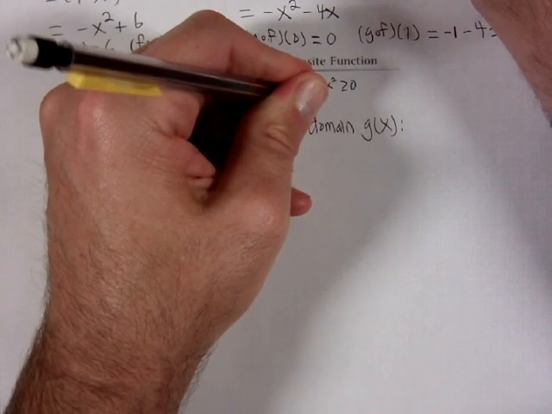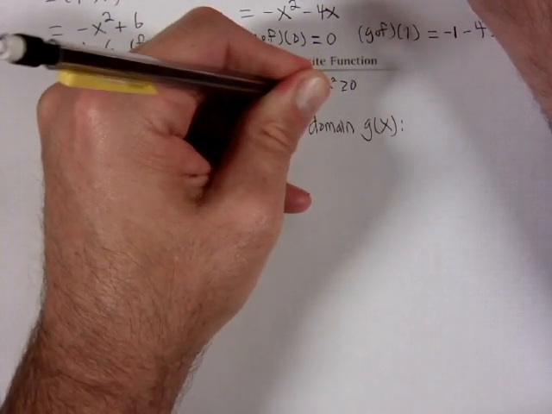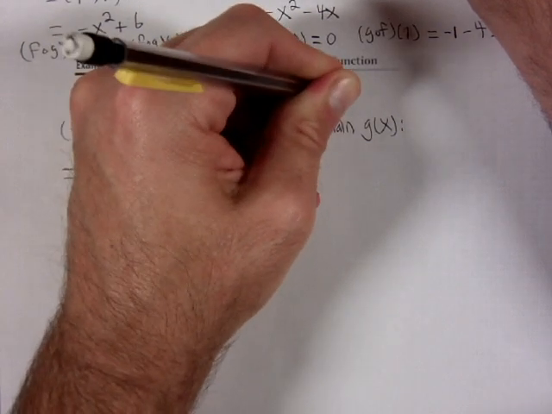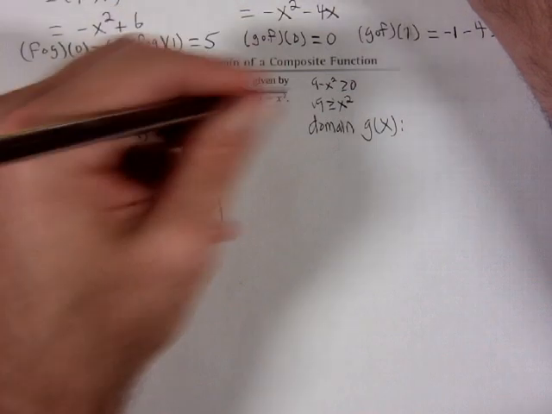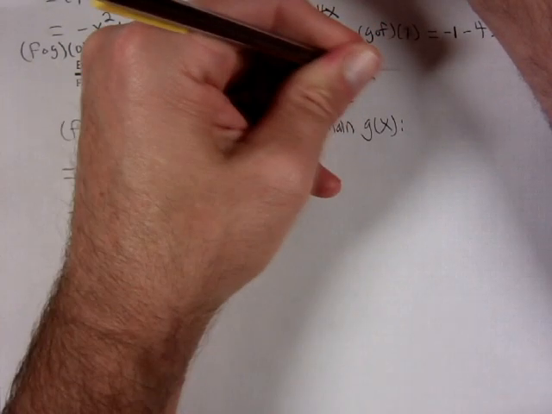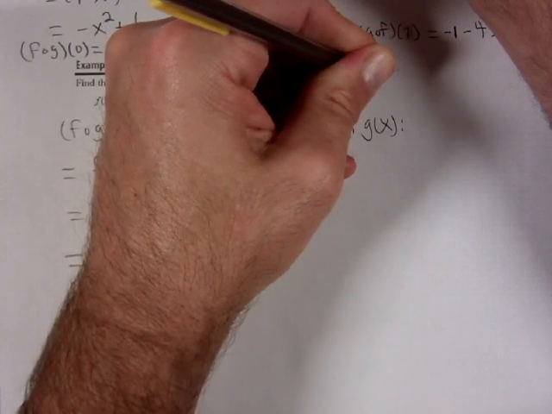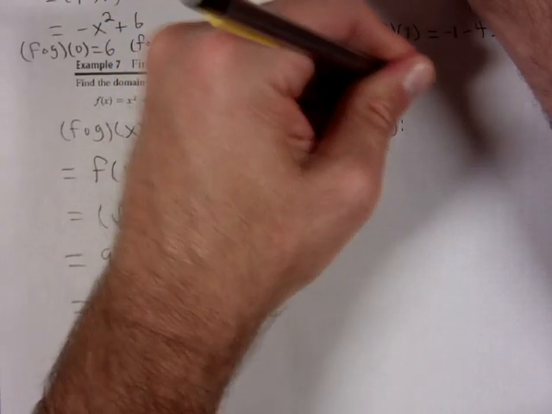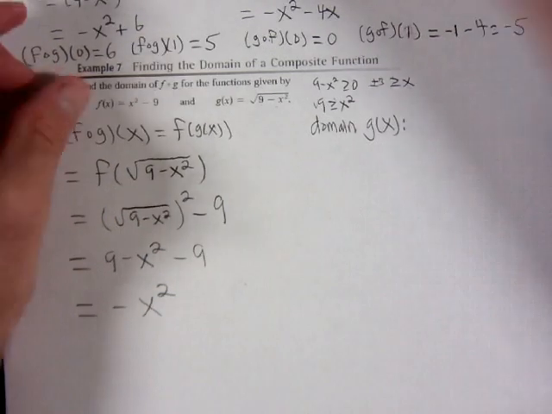And so I'll have 9 is greater than or equal to x squared. Then when I take the square root of both sides, then I'll have plus or minus 3.